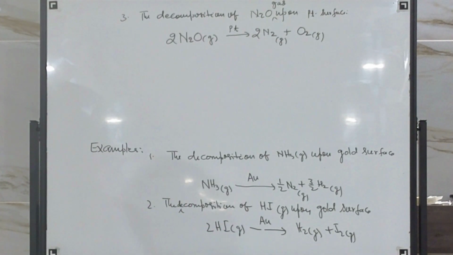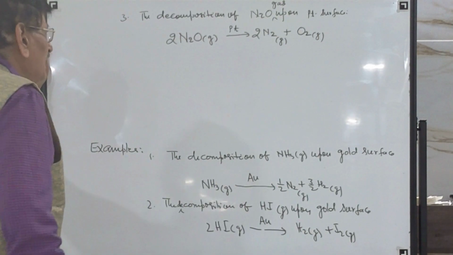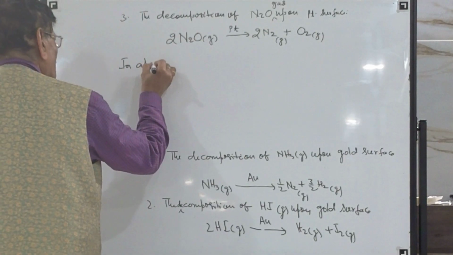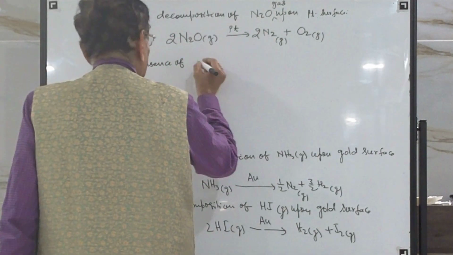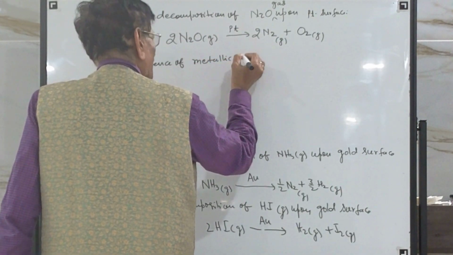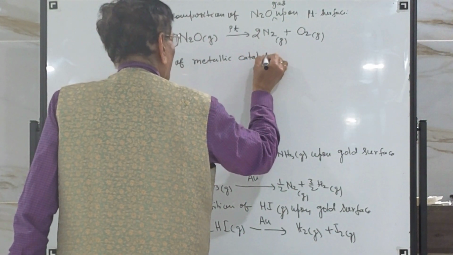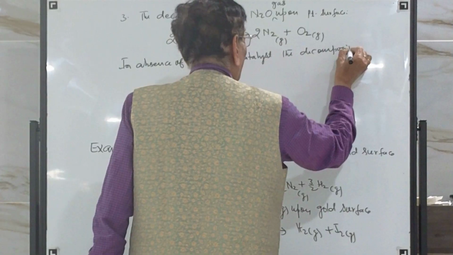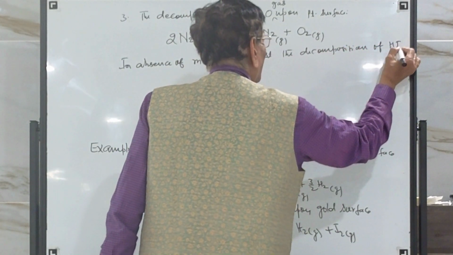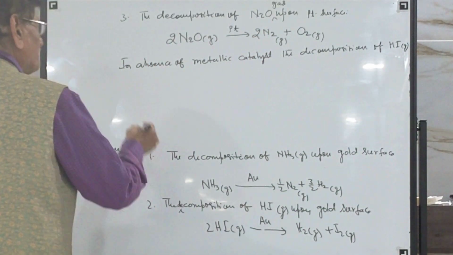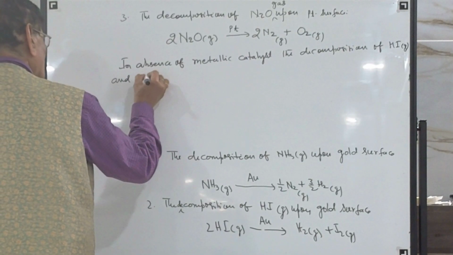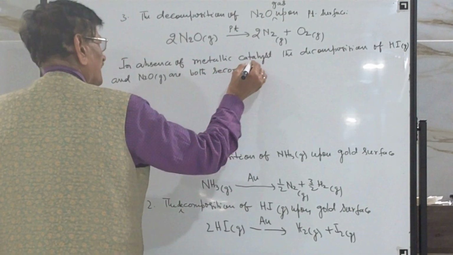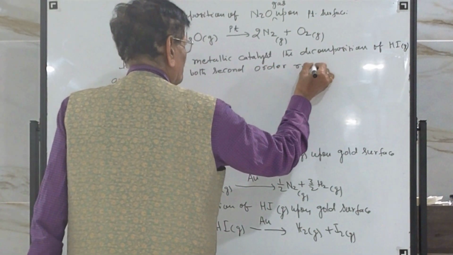But in the absence of a metallic catalyst, they behave as second order reactions. In the absence of a metallic catalyst, the decomposition of HI gas and N2O gas are both second order reactions.